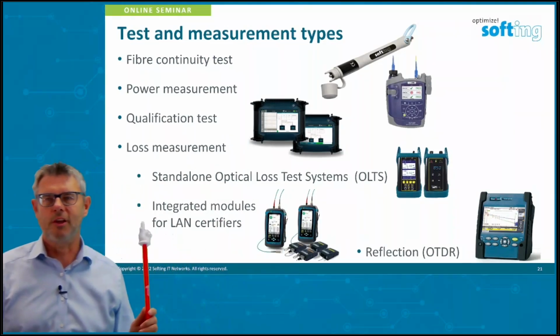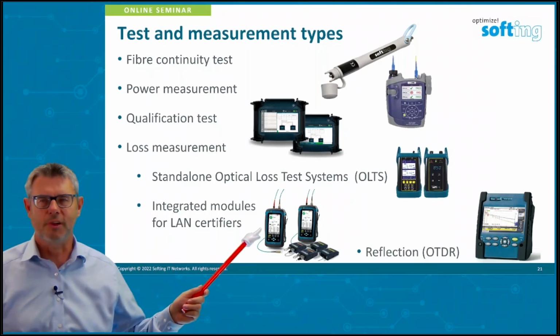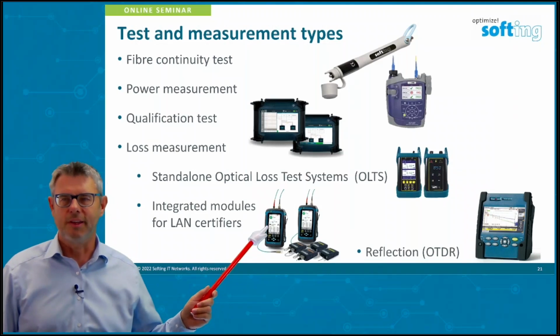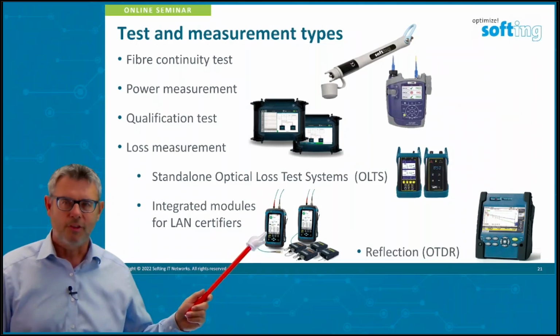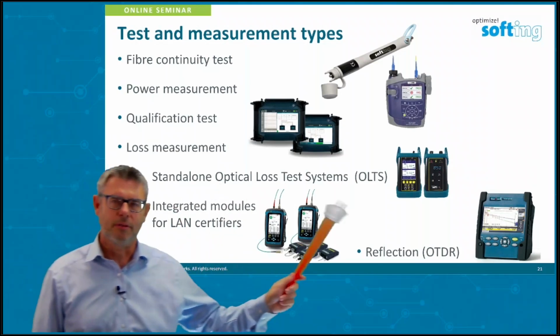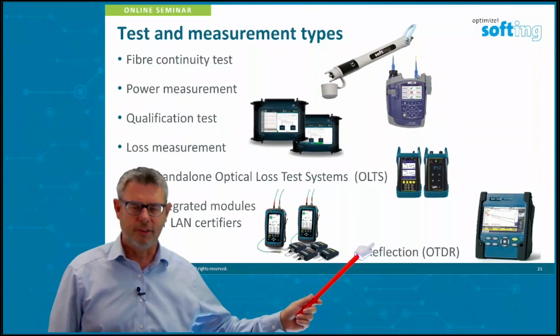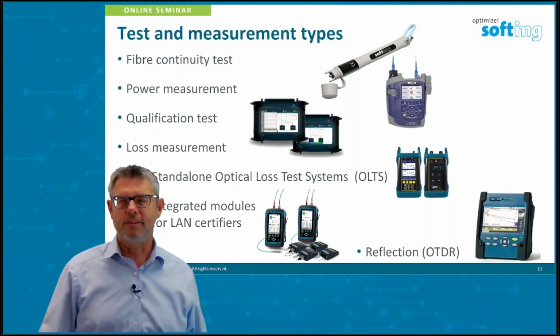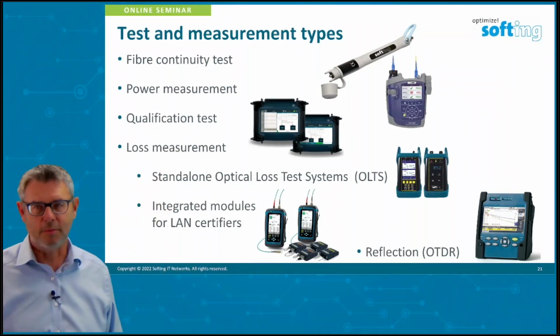And then we have very common these integrated modules for the LAN certifiers. So the typical copper certifier is turned into a fiber optic loss measurement system by just exchanging the modules here in the back. Okay, and master's class over there is reflection measurements, done with an OTDR. Okay, these are the current actual types, different types of doing test and measurement.